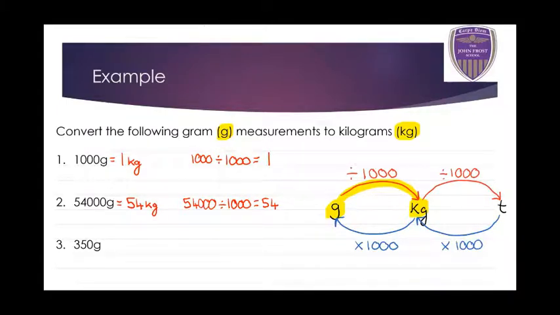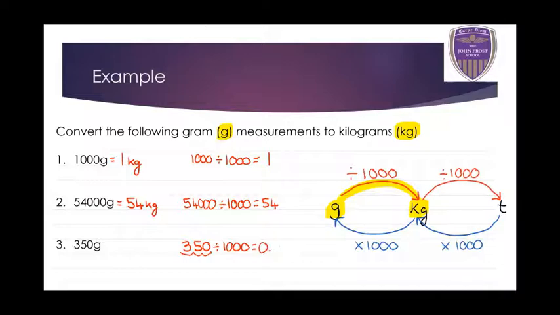What about this last one here now? We've got 350 grams. Well, it's the same thing again. We're just going to divide this by 1,000 to make it kilograms. But you've just got to be mindful of where the decimal point's going to go, okay? So if we do 350 divided by 1,000, the decimal point would start here and we put it in 3 times. So 1, 2, 3. So the decimal point is now going to be in front of the 3.